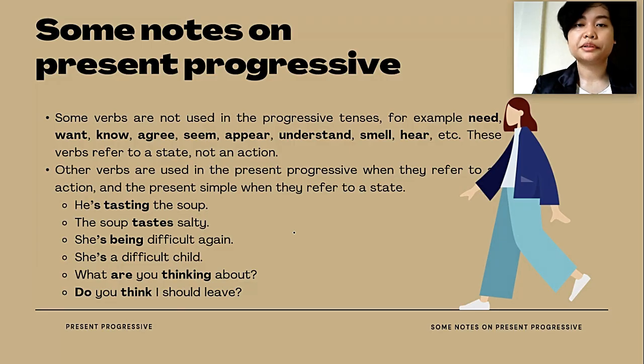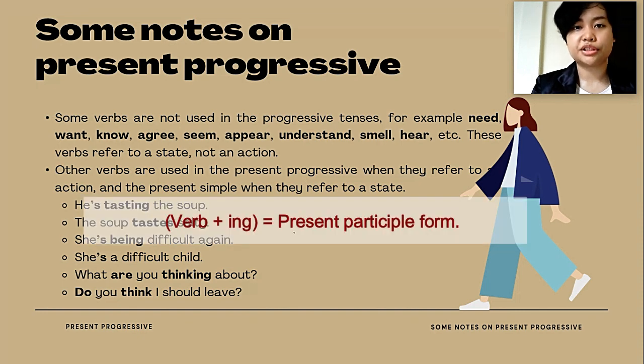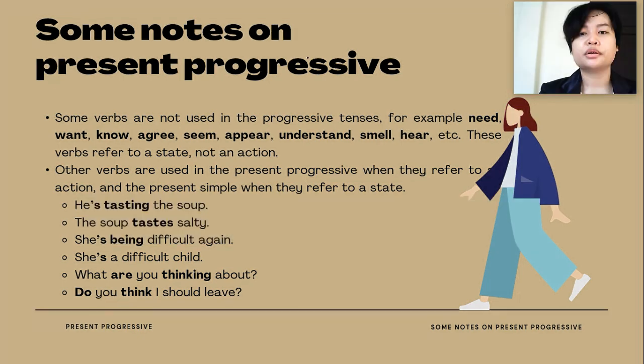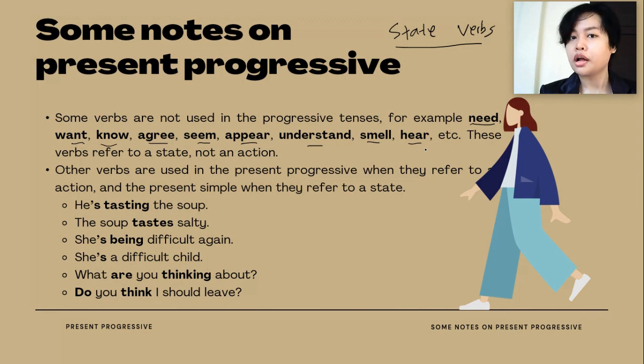Be careful, not all verbs can be added ing at the end of the verb. For example, state verbs. Okay, for state verbs, this is the example you can see here. Some examples of state verbs. They describe state, not action. Okay, because present progressive, the verb is about action.